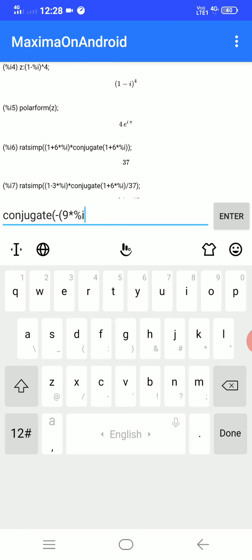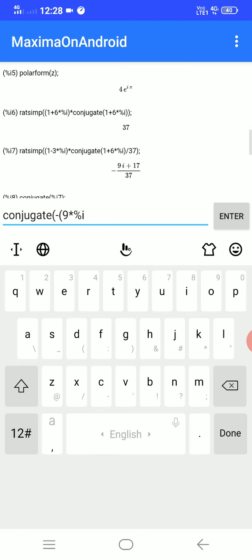We have to find the conjugate of minus (9i plus 17) upon 37.